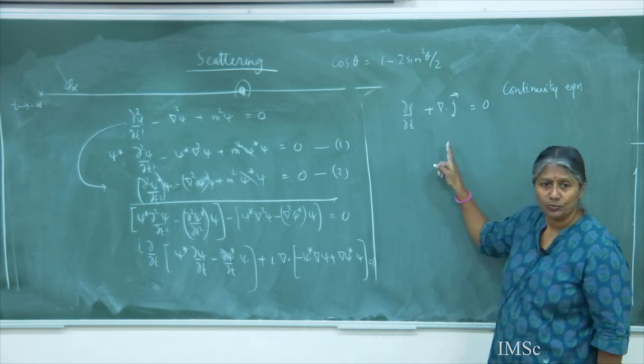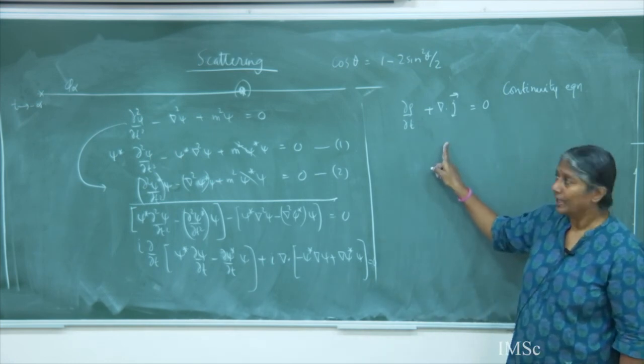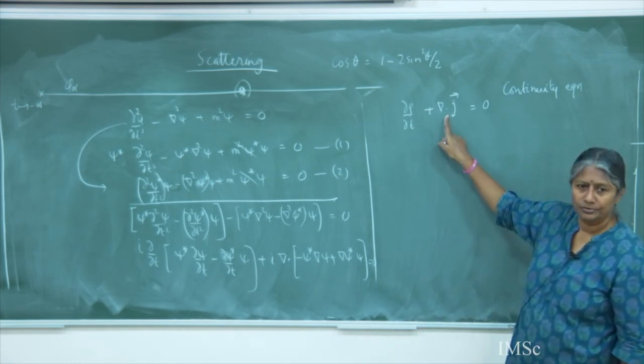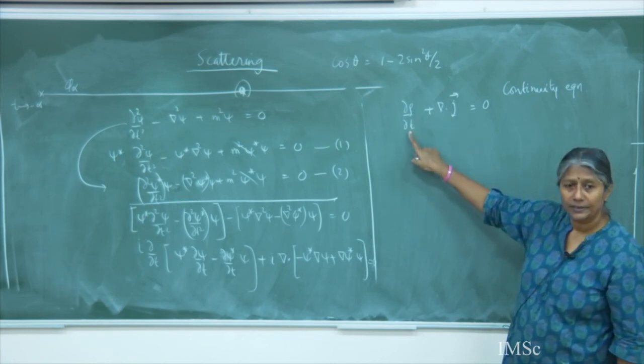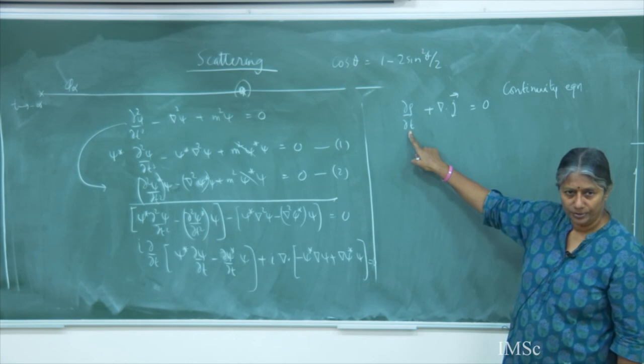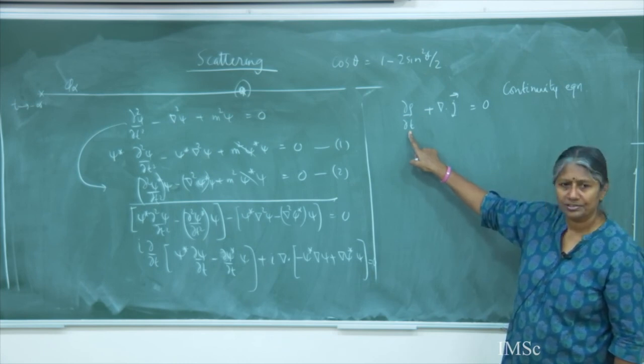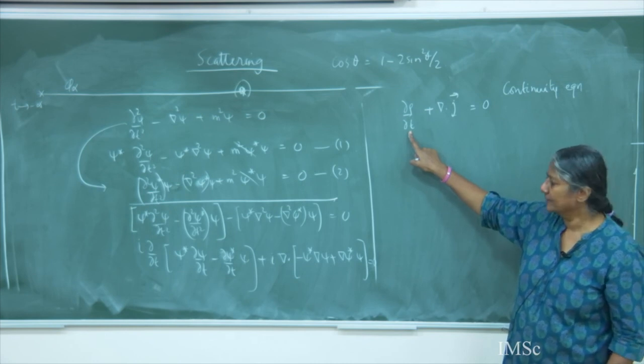If I integrate this over all space and I use that the surface term goes to 0, then it tells me that the integral of rho is conserved, right? So rho is a constant in time, that is the conserved quantity.